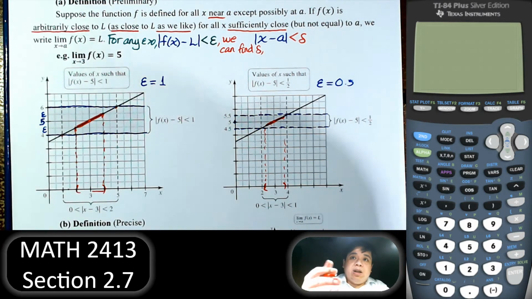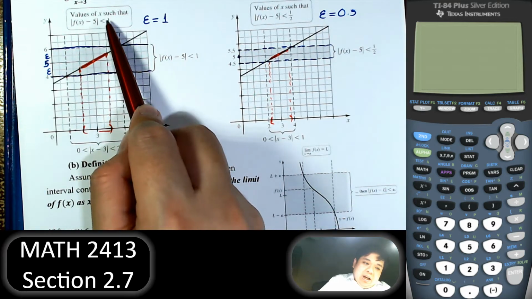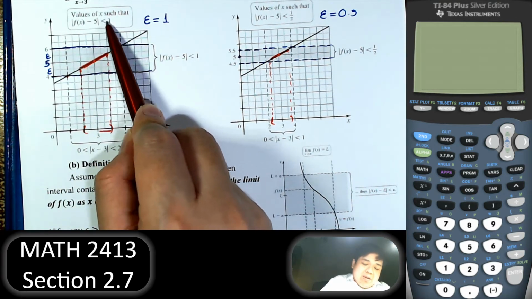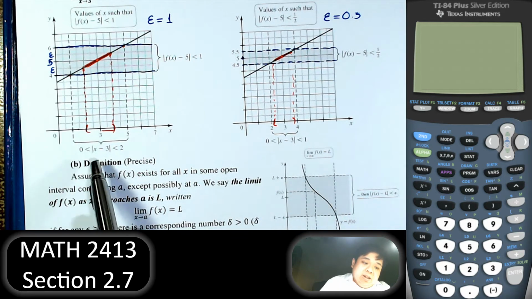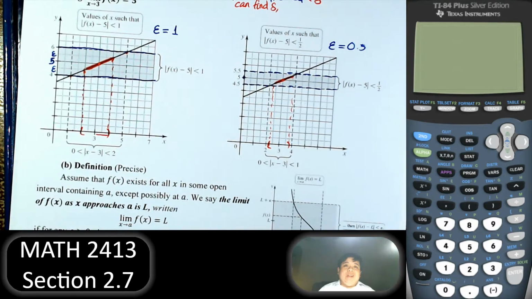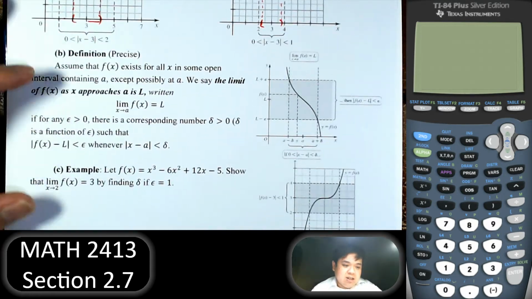So mathematically, that's how we write it. We say the distance between the function and the limit is less than epsilon whenever the distance between x and the number is less than delta. Right, so the precise definition of limit is this.